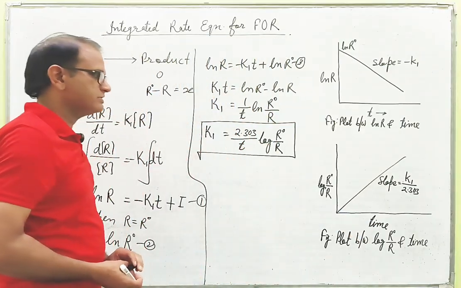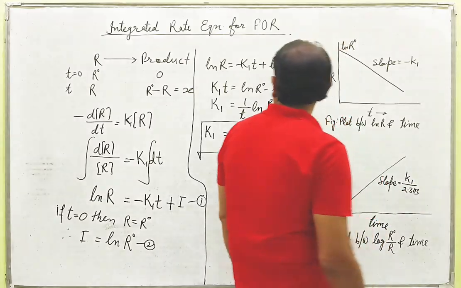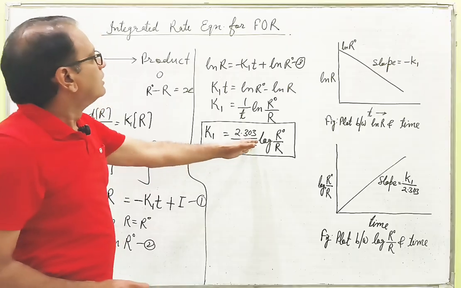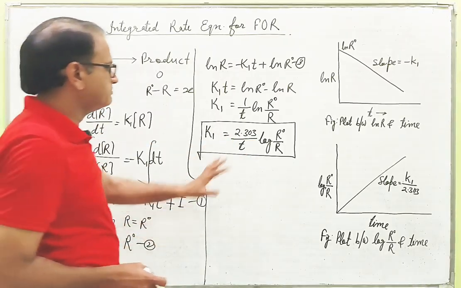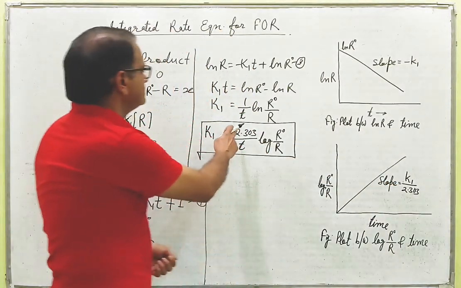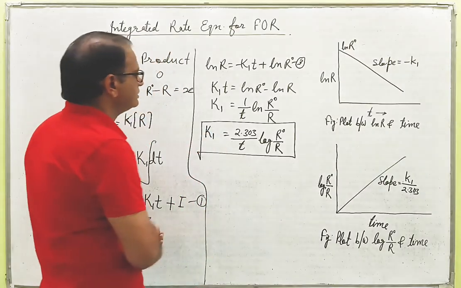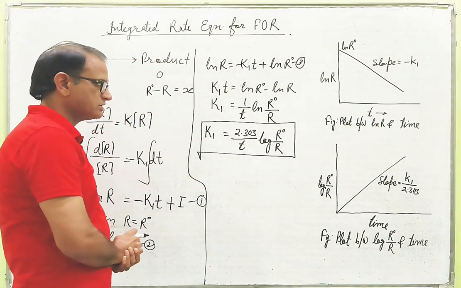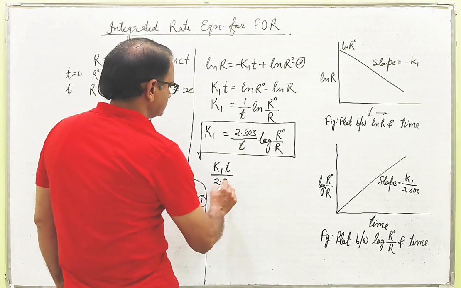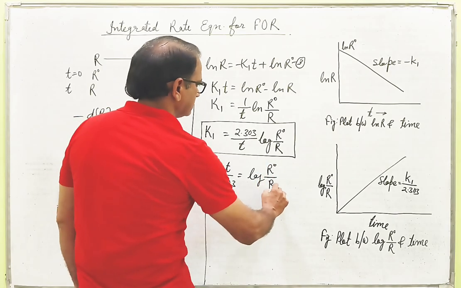If we plot a graph between these two, then we will get a straight line graph like this, and from this equation, slope will be equal to k1 by 2.303. We can rearrange this like k1 t upon 2.303 is equal to log R naught upon R.